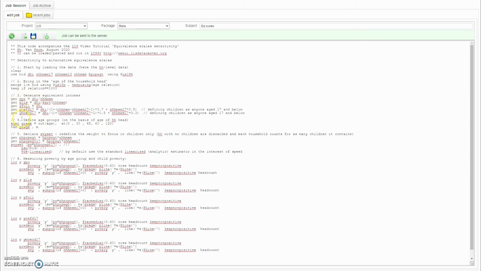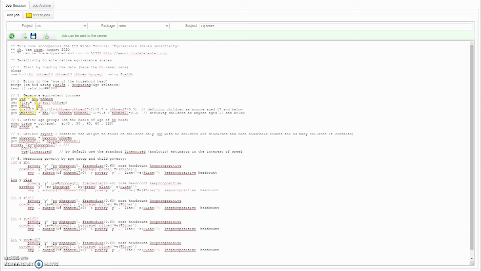Now we can create our equivalent income variables. So we will experiment with 5 different choices here. The first one is the per capita, so we simply divide total household income by the household size. The square root scale, dividing household income by the square root of household size.